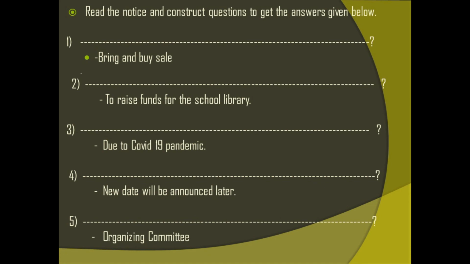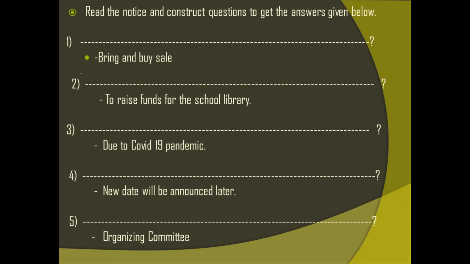Shall we read the answers? The first one is bring and buy sale. For the second question, the answer is given as to raise funds for the school library. For the third one, due to COVID-19 pandemic. The fourth one is new date will be announced later. The last one is organizing committee.